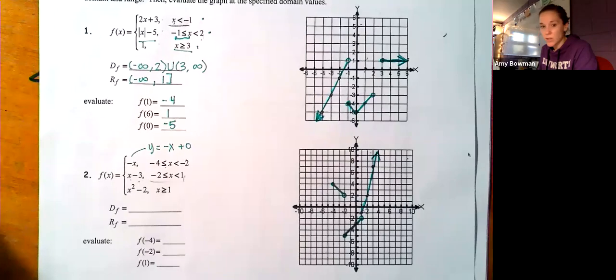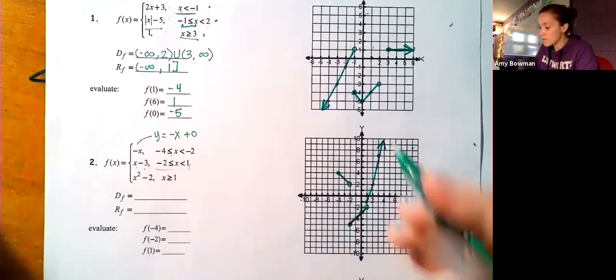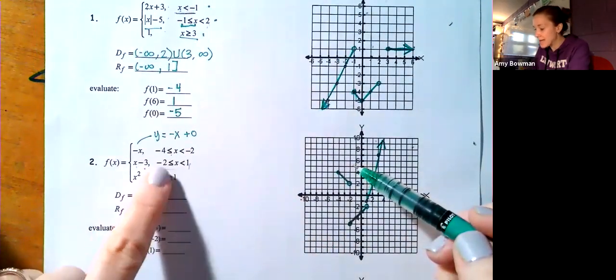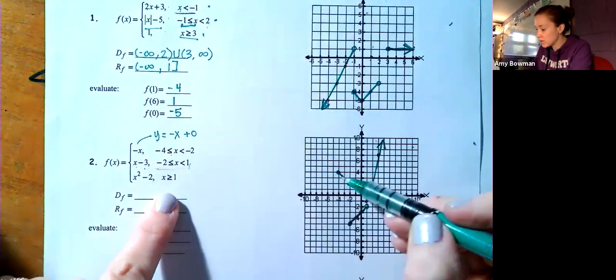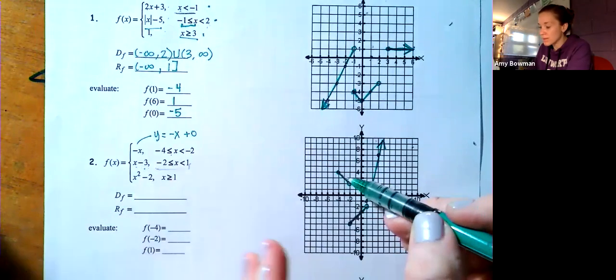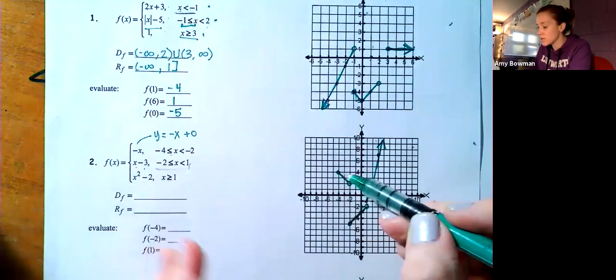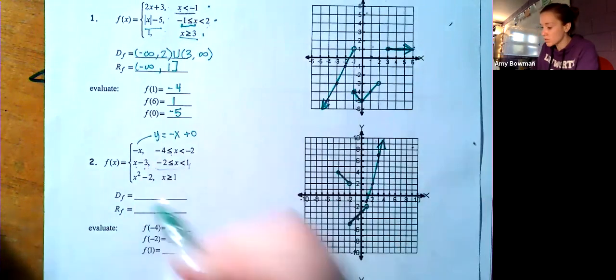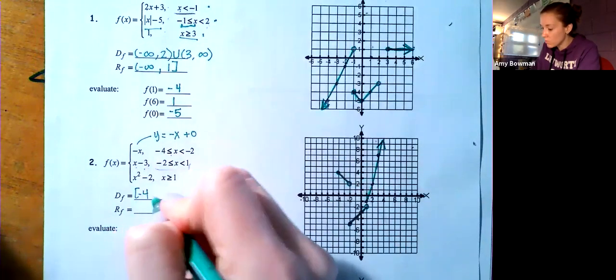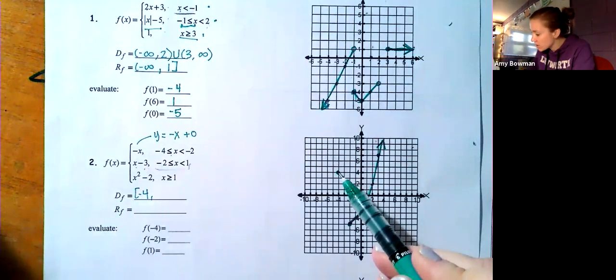Okay. So let's talk about the domain of this. This domain starts at -4 because that's the first thing we see on our leftmost piece. The smallest x value is -4. We include -4. So the domain would be bracket -4. We can plug in x values.